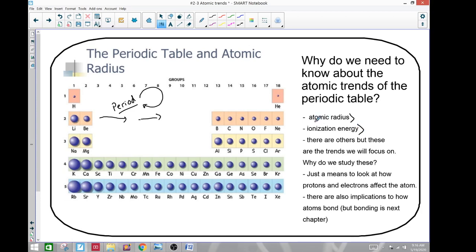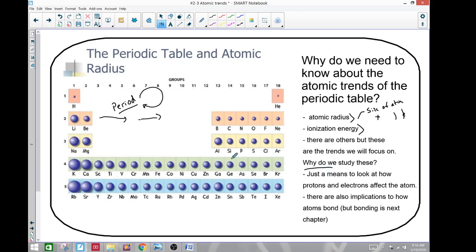Now, what is atomic radius? Really, it's the size of the atom, from the nucleus to its outermost electron. So it's that distance as a radius, but really it's just telling us the size of the atom. There are other trends, obviously, but why do we study these?